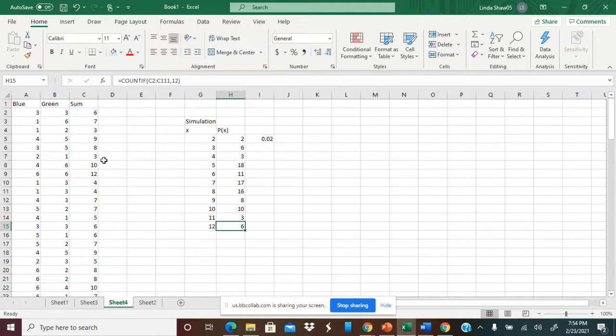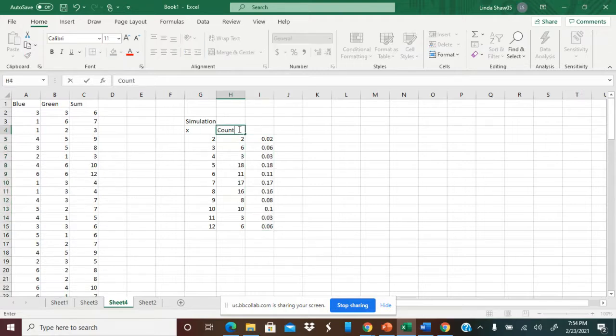And then it's showing exactly. Okay. So then, since I have all those numbers now, I can just divide that, and I'll change these. So this is count, and this will be my probability. Now that had better add up to 1, and I think it will. So Linda will just add that up. That's just a little bit of a check.